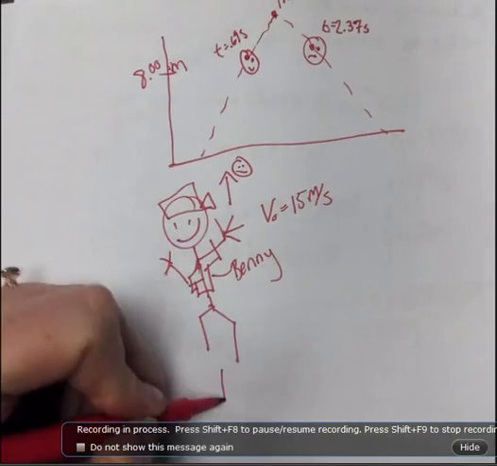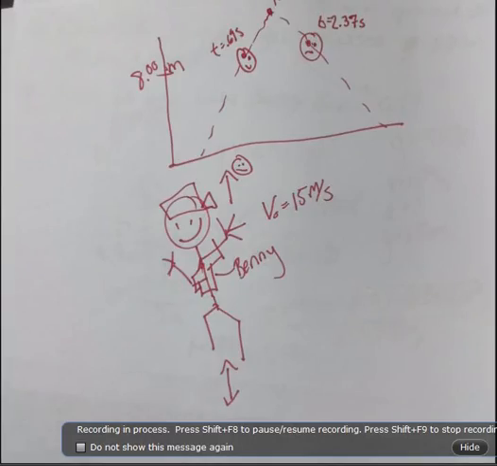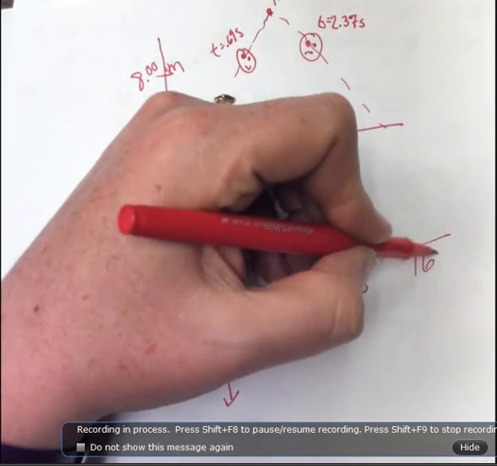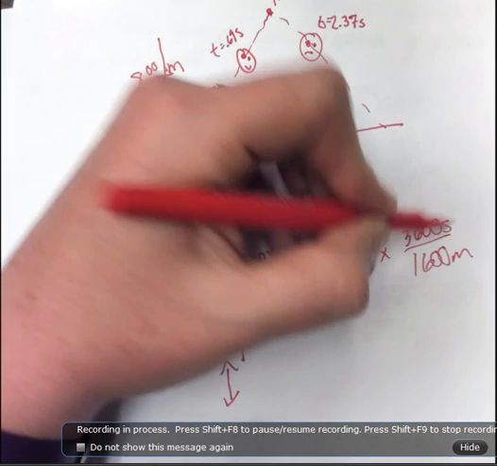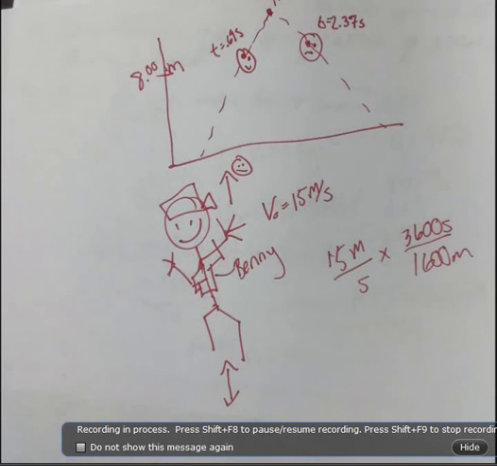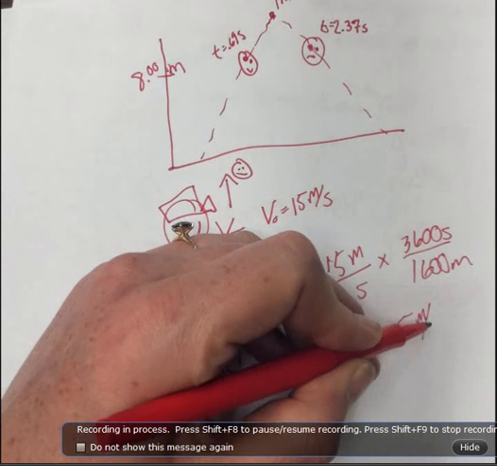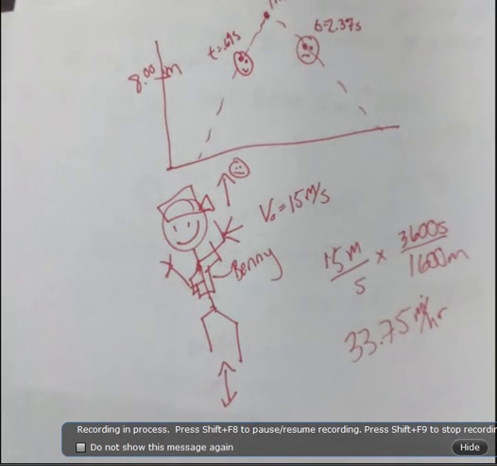Look out. 15 meters per second happens to be, hold on, 15 meters per second times 1600 meters over 3600 seconds. 15 times 3600 divided by 1600, 33.75 miles per hour, and Benny threw him up, so that's how we know.